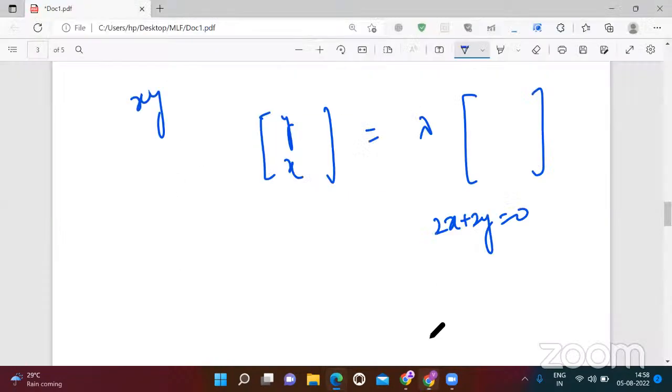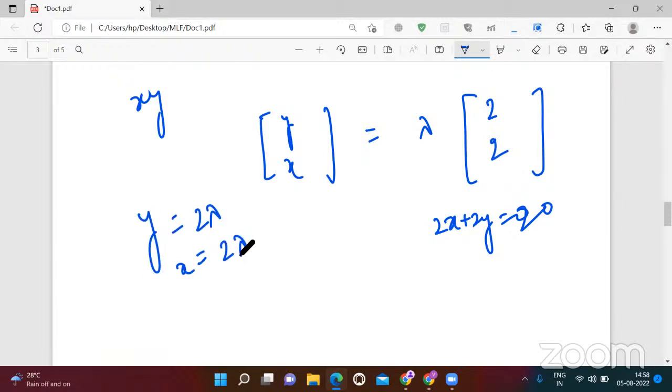And here you will be having 2, and here also 2. So y equals 2 lambda and x equals 2 lambda.